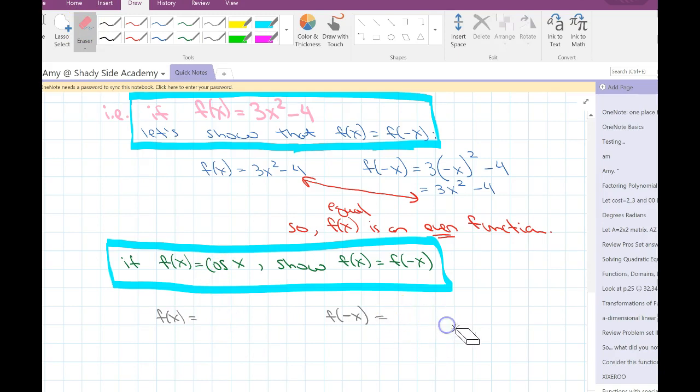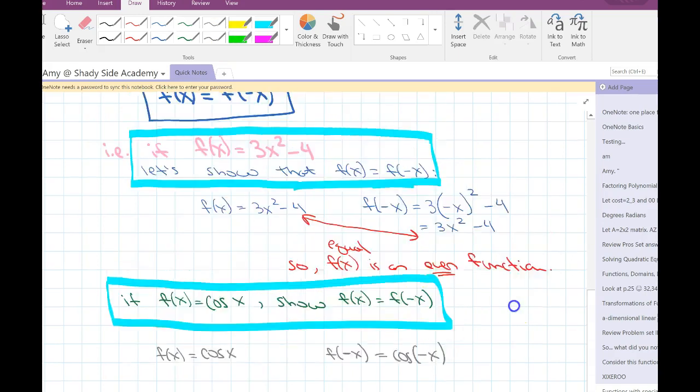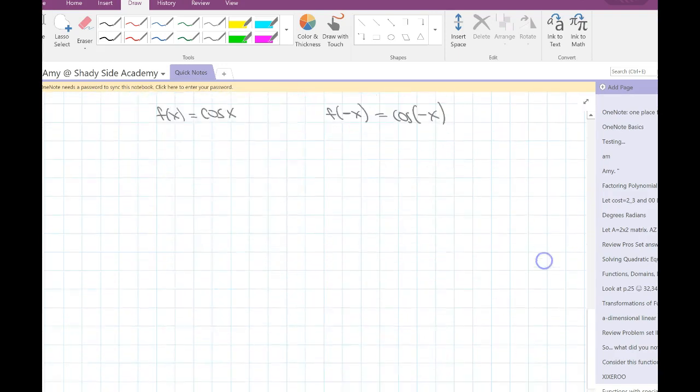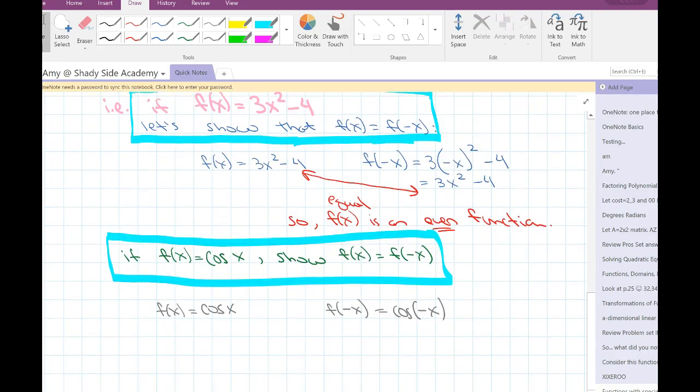So hold on. This is f of x equals cos x. My bad, f of negative x equals cos of negative x. That's the graph above. Silly me, this is the graph of cosine x. Is there something that we know about the cosine of the opposite of an angle versus the cosine of an angle? In other words, cosine of 45 degrees versus cosine of negative 45 degrees, and how about cosine of 130 degrees versus cosine of negative 130 degrees.